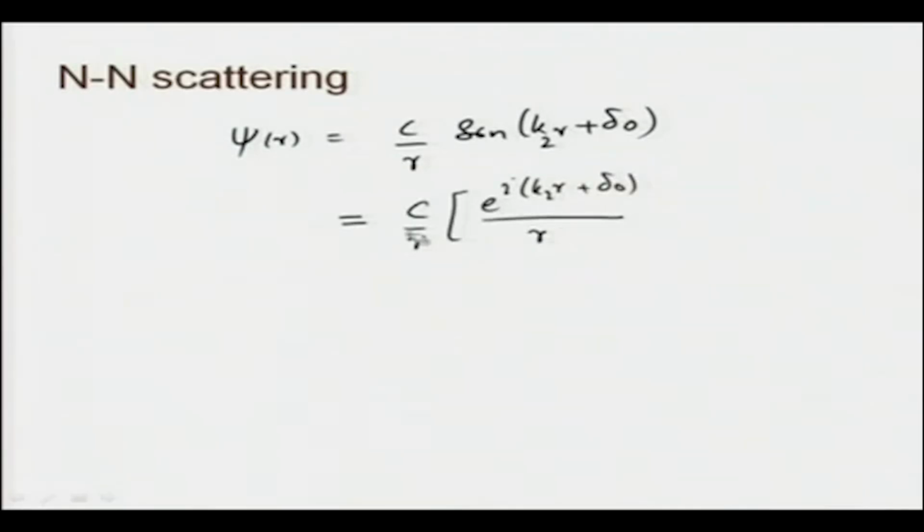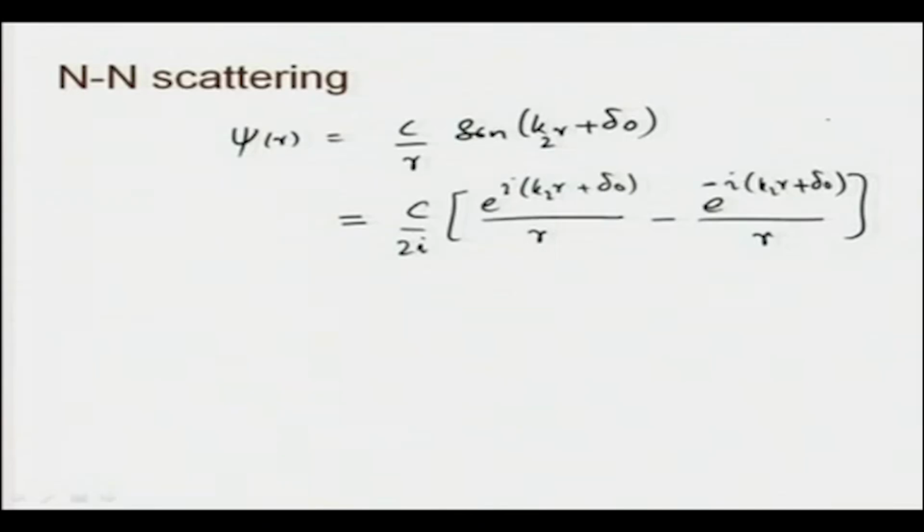So, r I am taking inside. So, it is C times e power i k r plus delta 0 minus e power minus i k r plus delta 0, divided by r times 2i, of course, and the time dependence is also taken away. There is exponential minus i omega t, which is always there. We are just not writing that here.